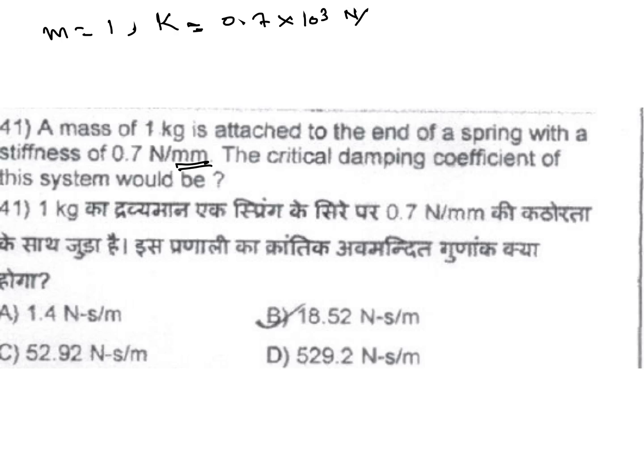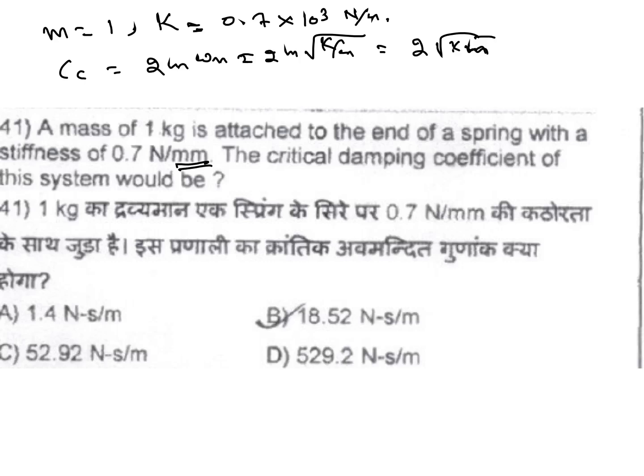Critical damping coefficient Cc you have to calculate: 2m omega n, or 2m root over K by m, so 2 root over K into m. Put the values. If you put the values, 2 into root over 0.7 into 10 to the power 3 into mass 1.